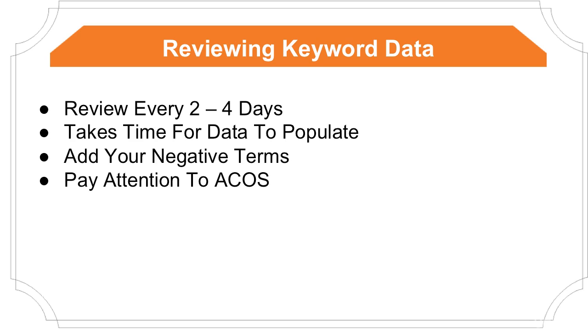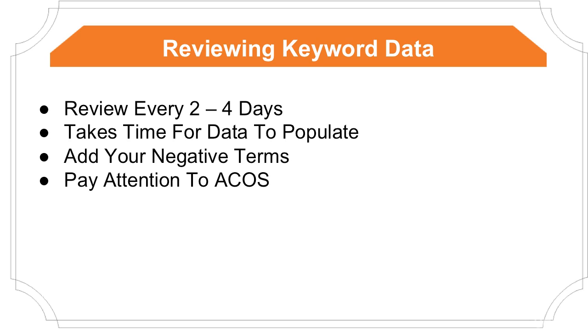So that's why I tell folks you want to review that data every 2 to 4 days. So, if you see that you haven't gotten sales in one day, don't fret. You want to just wait a little bit to see if those sales actually did take place or if they didn't via your Amazon pay-per-click advertising campaign.